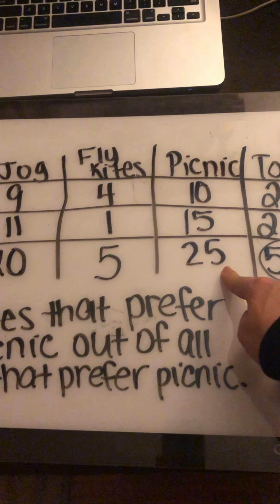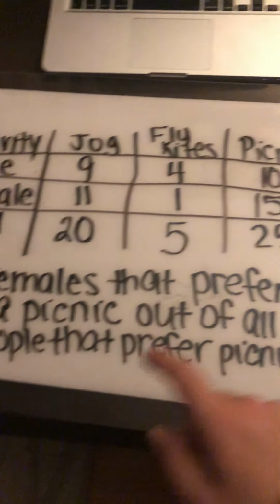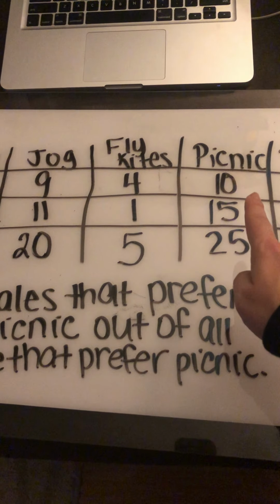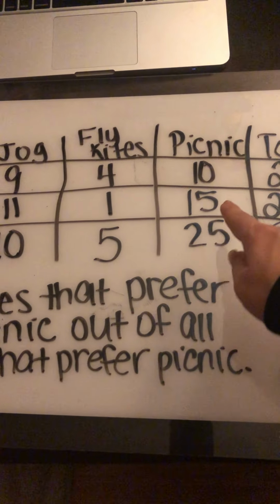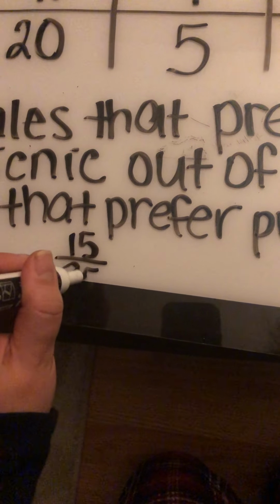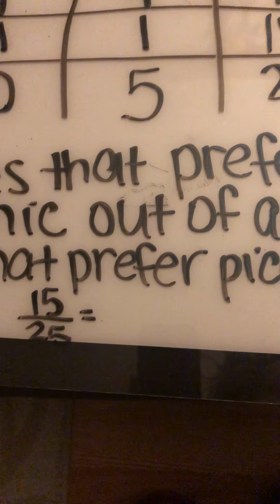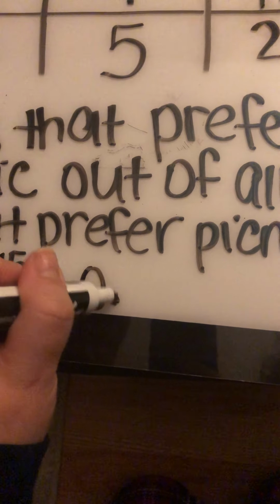So for this example, since it doesn't say out of the total, we're not going to divide 15 by 50. We're going to divide 15 by the total people that prefer a picnic. So it's going to be 15 divided by 25 this time. Okay, so we do 15 divided by 25, and that answer is going to be 0.6.